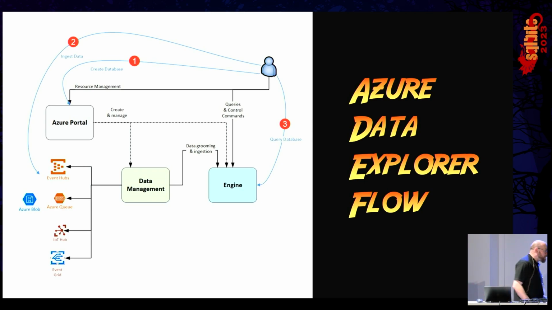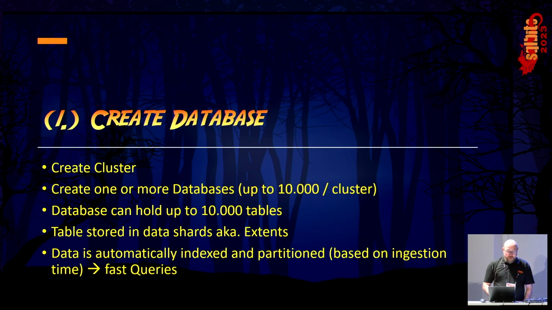Ingesting data can be done from different things, like, for example, from an Azure Blob or an Azure Queue, Event Hub, IoT Hub, Event Grid. And the data will be processed through data management, and when the data has been loaded, then it can be queried through the engine.